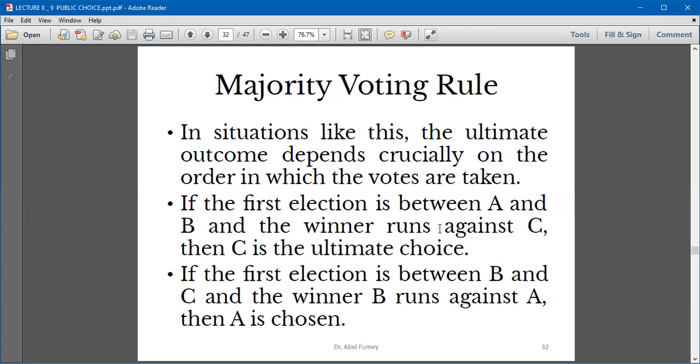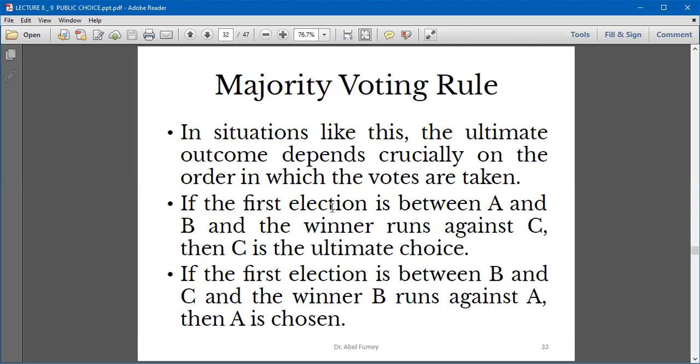Let's look at another order. Assuming the first election was held between B and C, B will win. If you remember, B won. And if B is then run against A, then A wins, remember, in the election between A and B, A wins. So here A is the chosen policy.